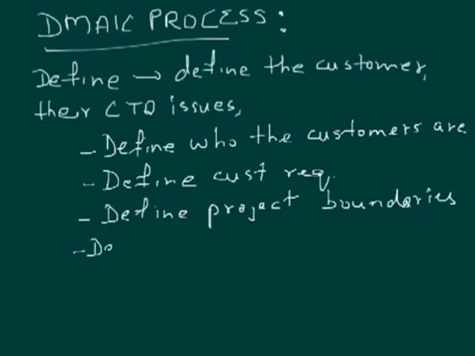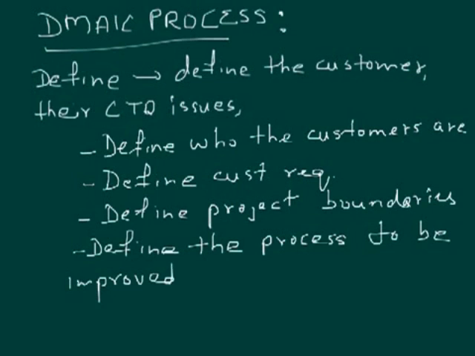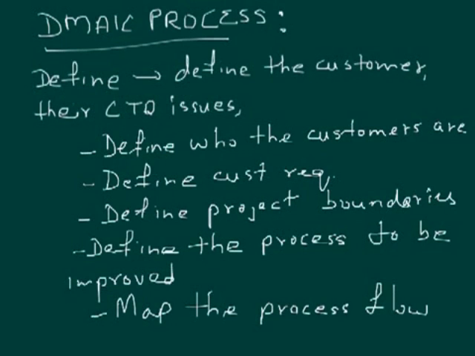And then you define the process to be improved. And then you map the process flow, so you can see how the information and how the process flows.